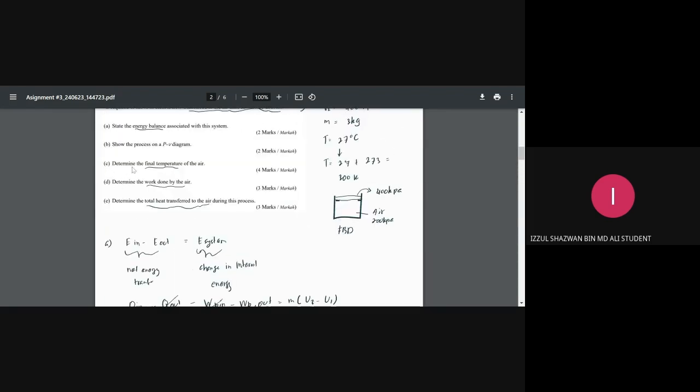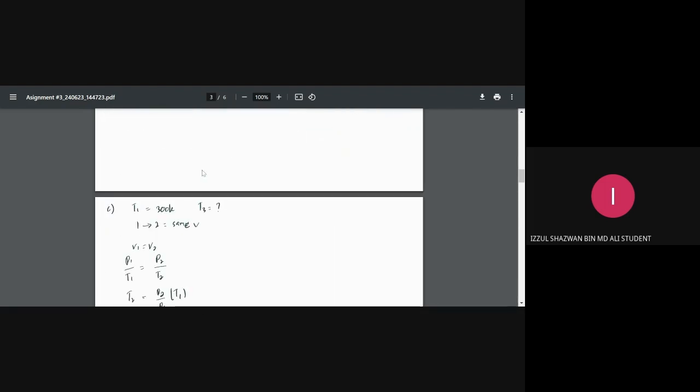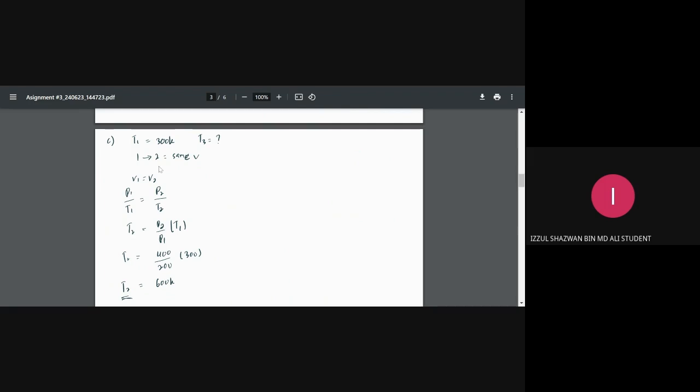Now, C says to determine the final temperature of the air. So we'll find the final temperature, which is T3.